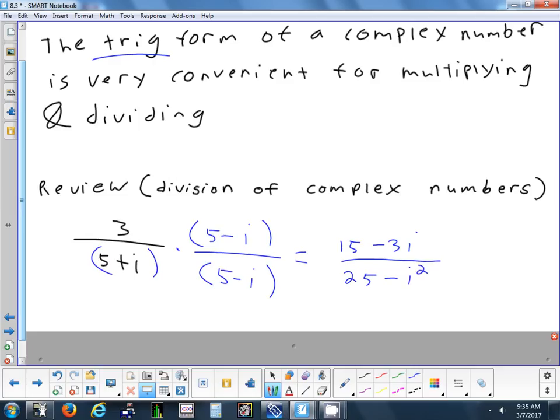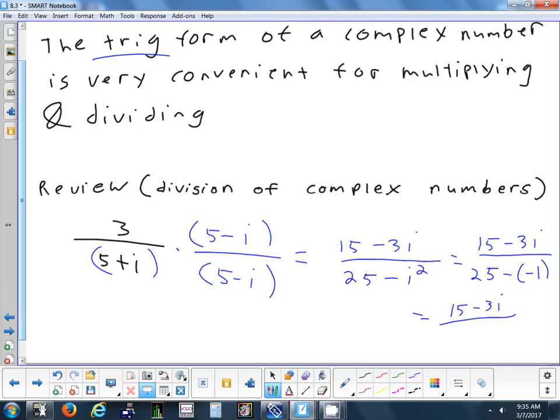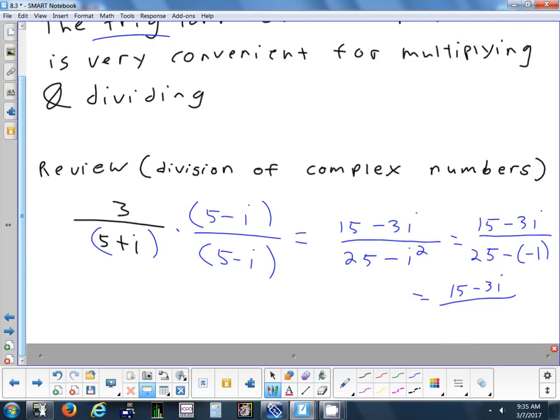It's i squared. So I still have 15 minus 3i on the top. What is i squared? Negative 1. So we have 25 minus negative 1 in the bottom. So we have 15 minus 3i. What's 25 minus negative 1? It becomes a plus 1.